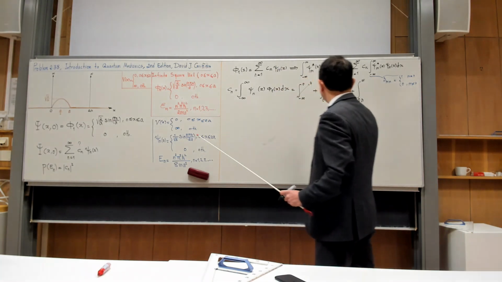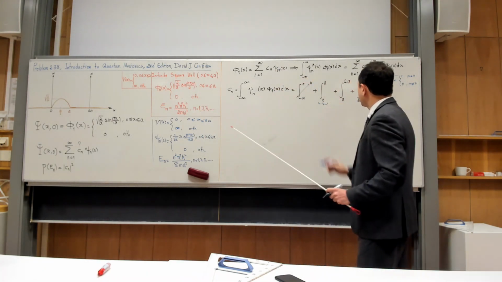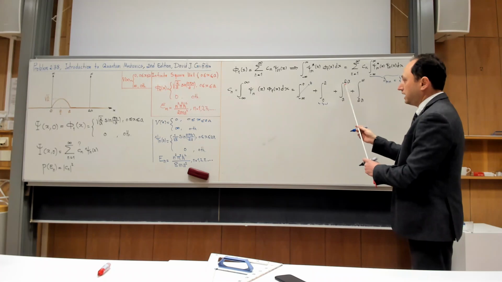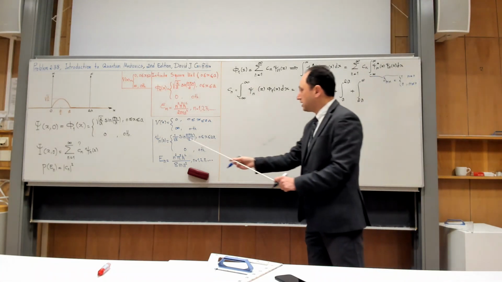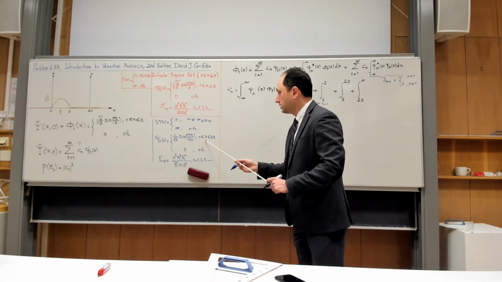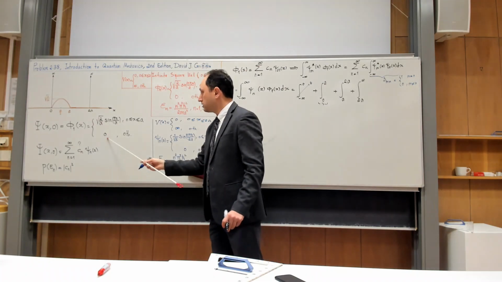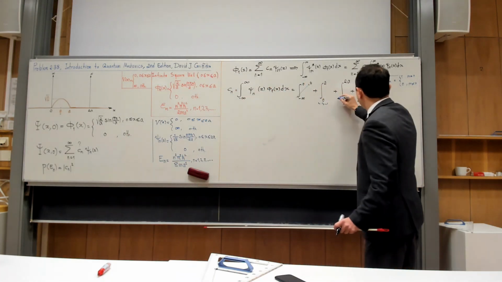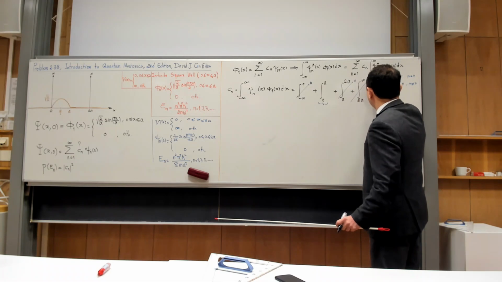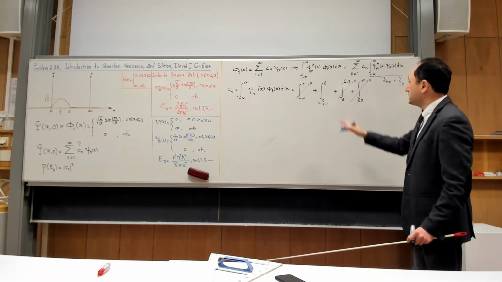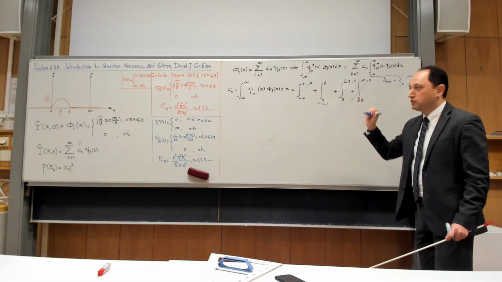So this will survive. Yes? But from a to 2a, still psi n does not vanish, but psi 1 vanishes. So this also vanishes, and for the same reason, this also vanishes. So I am left with only one integral.